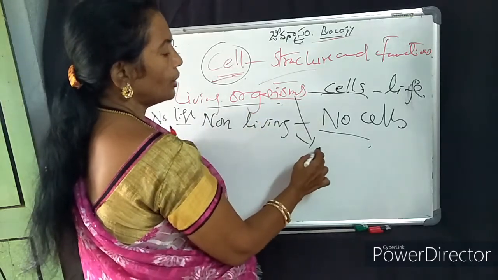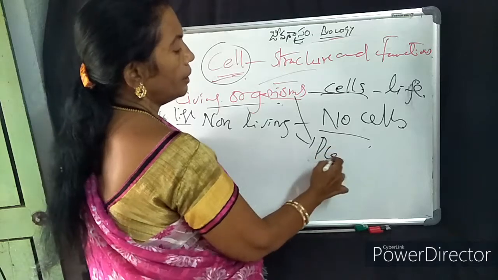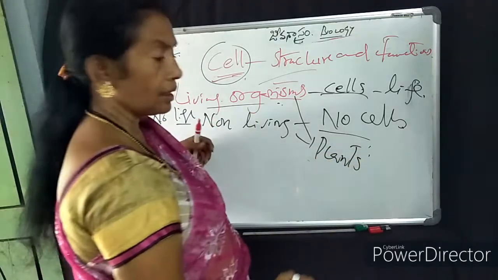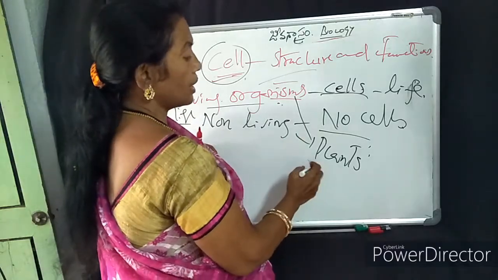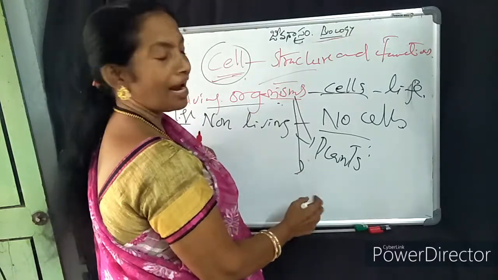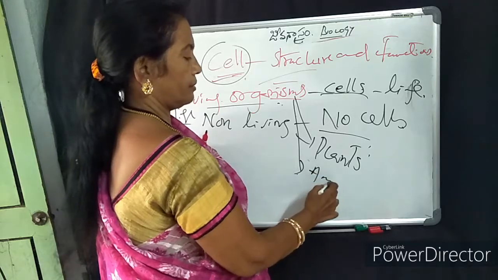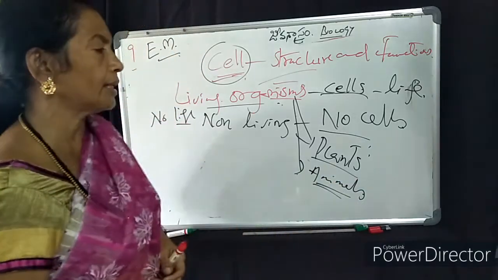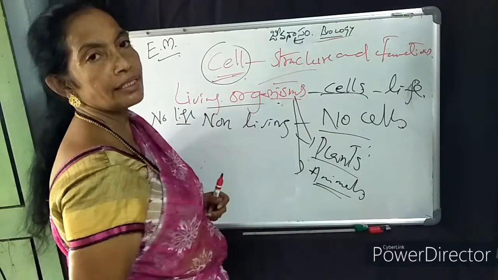You already learned that living organisms are of two types. They are plants and animals. These two are living organisms.